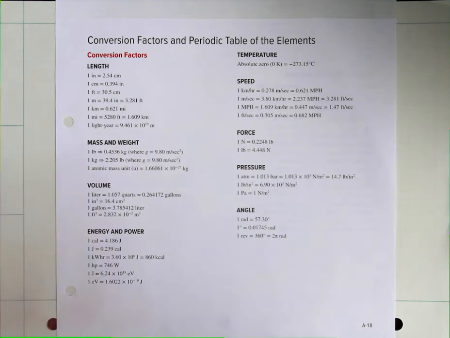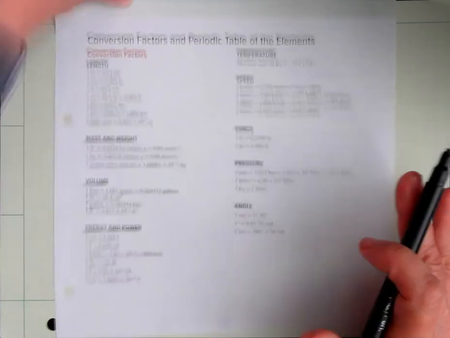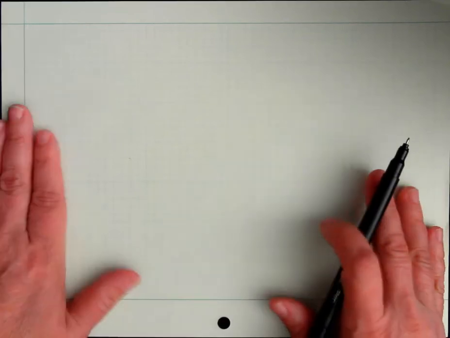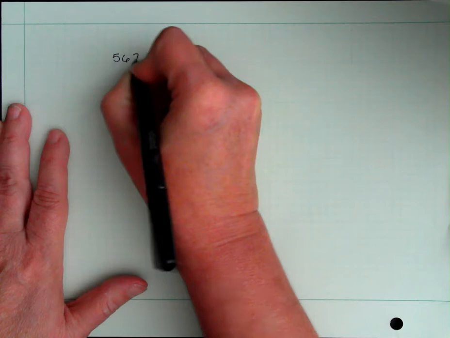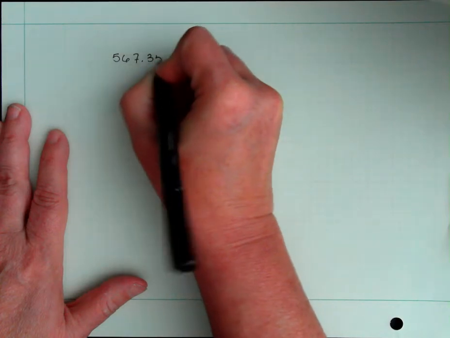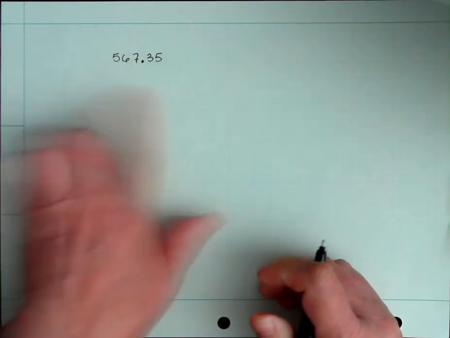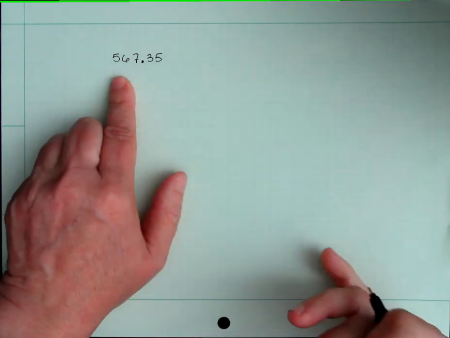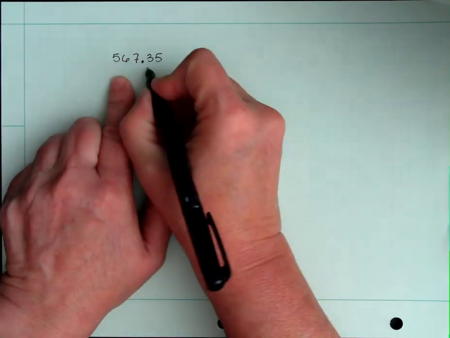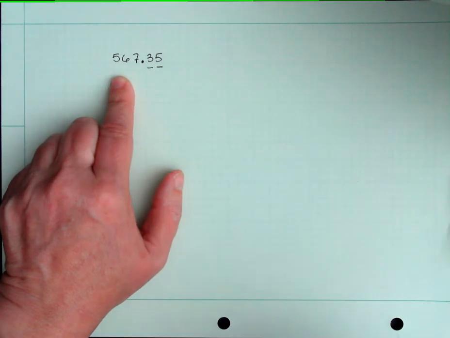So if I look at those significant figures, and we'll come back to the conversion factors, if I write a number 567.35, and I have got my 0.35 here, this actually has 5 significant figures, and it's significant to 2 figures past the decimal place. Each figure represents part of that measurement.